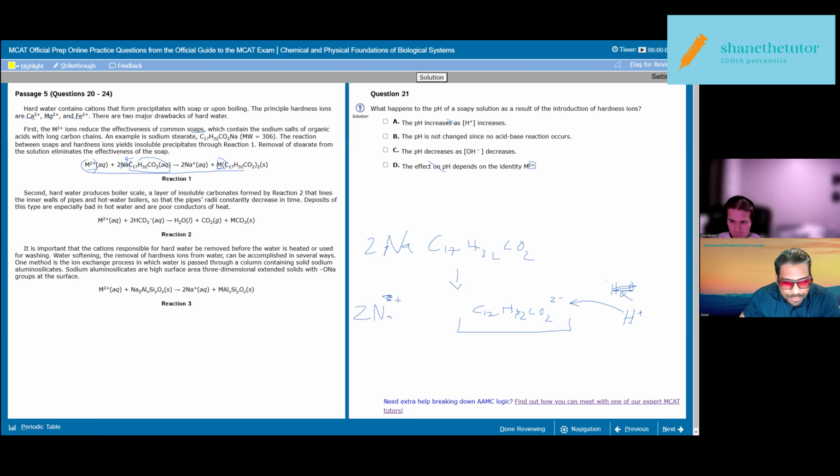Your M2 plus comes in and binds to it, eliminating its negative charge. So now the protons are not getting taken up by the base anymore. You end up with more protons, which means the pH decreases and the OH minus must also decrease.